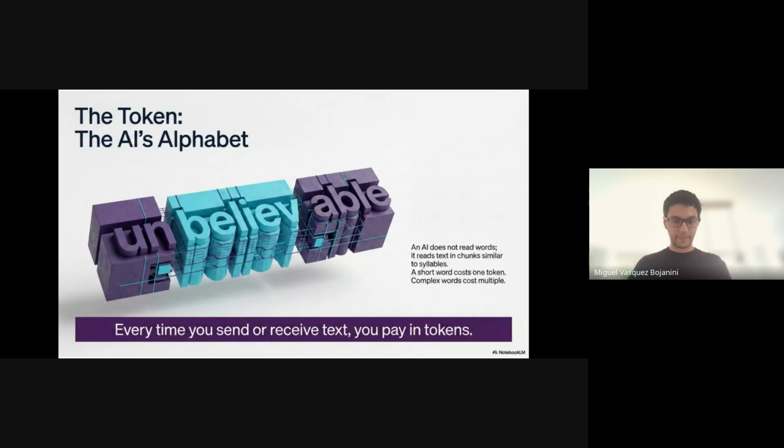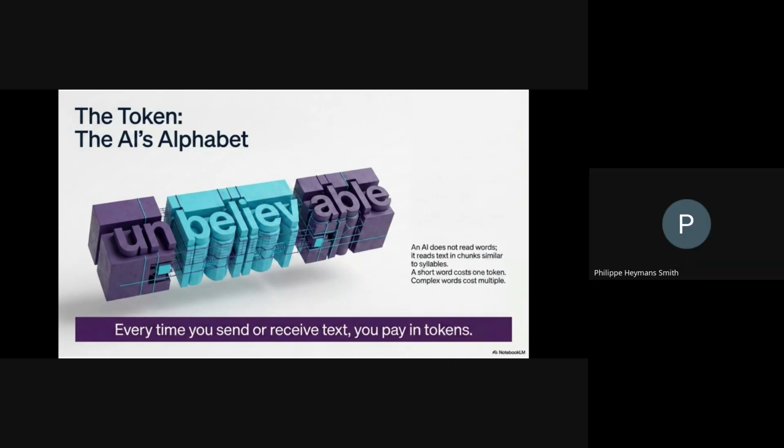Philippe, go ahead. Yeah, so I may expand a bit on the mathematical part of this, which is basically you are running a neural network, and the only thing it does is receive an input and then an output. The way tokens work is that it is the unit that passes through the chain of neurons in the network. An image is usually not chopped the way words are.